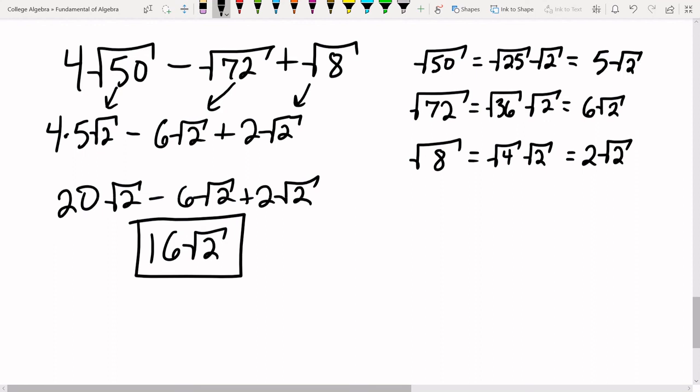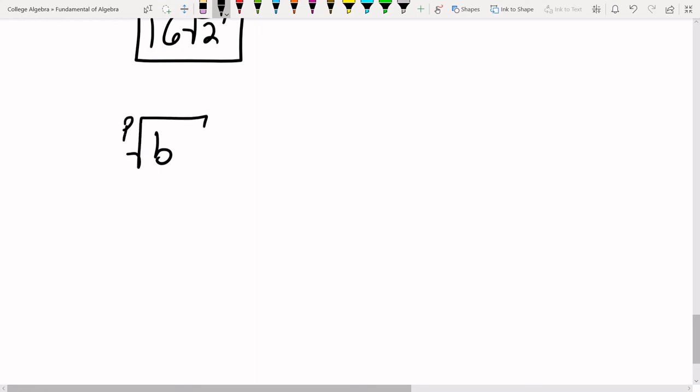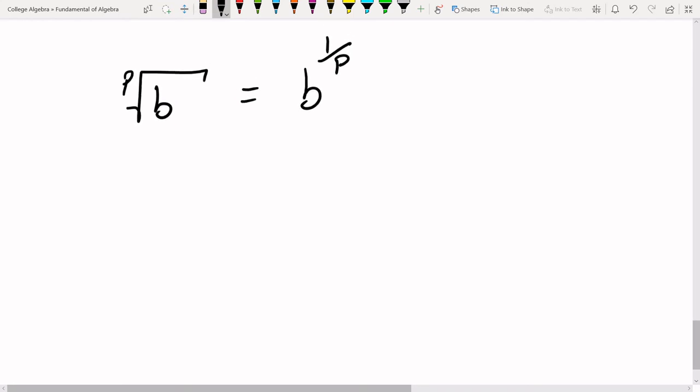Kind of the last bit here about radicals is that they are actually pretty much the same thing as exponents. In fact, we have a property for that. B to the, let's say the pth power of the pth root of b is the same thing as b to the 1 over p power of the exponent.